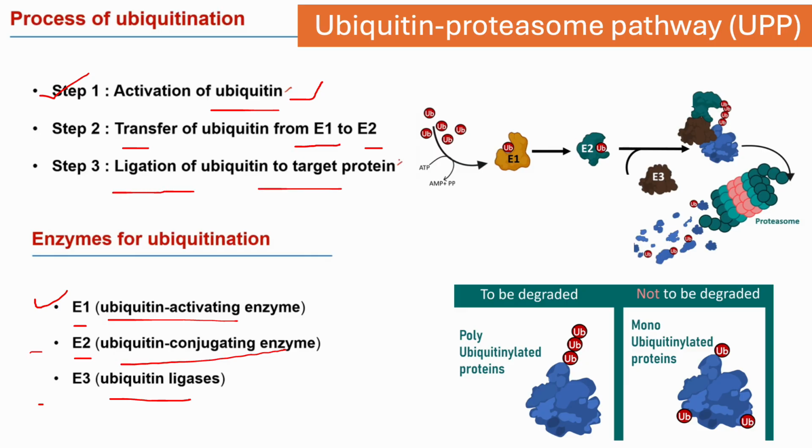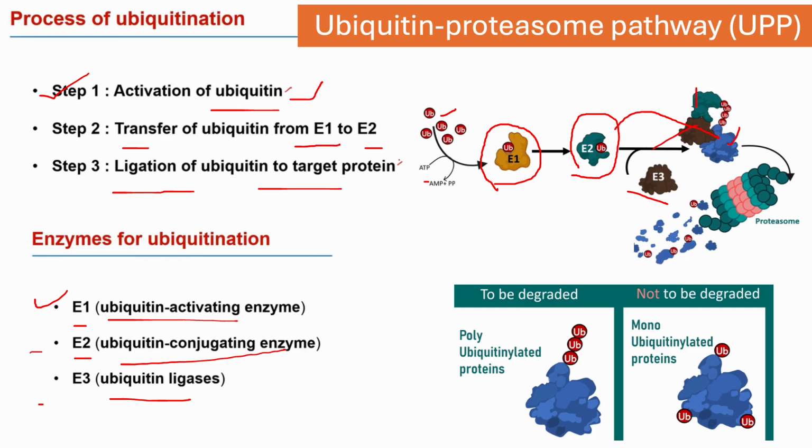Let's see here. These are the ubiquitin. They also utilize ATP to bind. This one is the activator. That means E1 helps to activate ubiquitin, and then the activated ubiquitin attaches with E2. Then E3 helps to ligate E2 into the target protein. This is the target protein, this is E2, and this is E3.